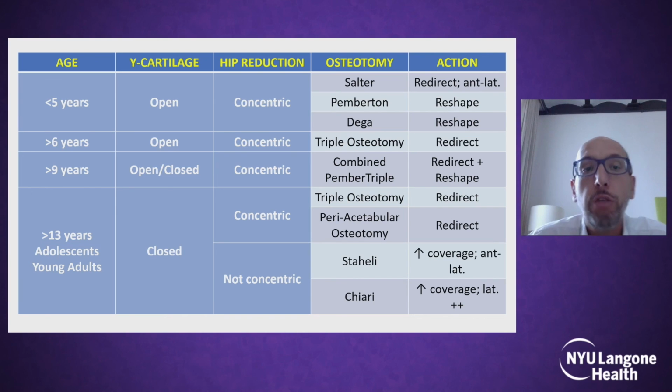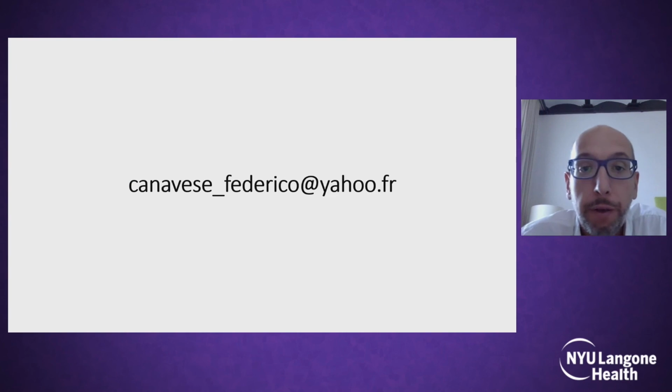Then, according to these parameters, you can select your osteotomy. The choice of osteotomy will also depend on the type of action you want to get: a more redirectional osteotomy to correct a deficiency anterolaterally or laterally, or if you want to more reshape the abnormal acetabulum. Thank you very much.